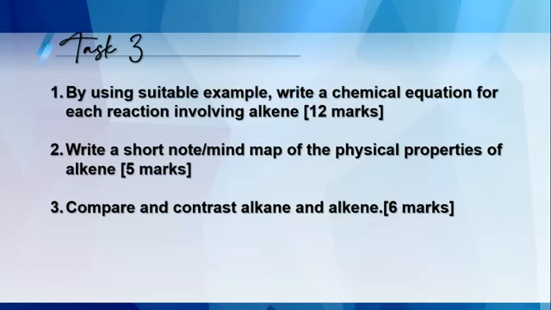This is task number 3 because I want to make it short. Task number 3 includes the chemical equations as well as the physical properties. So you need to do it on your own. You can use the information provided in alkanes to help you get the answer.